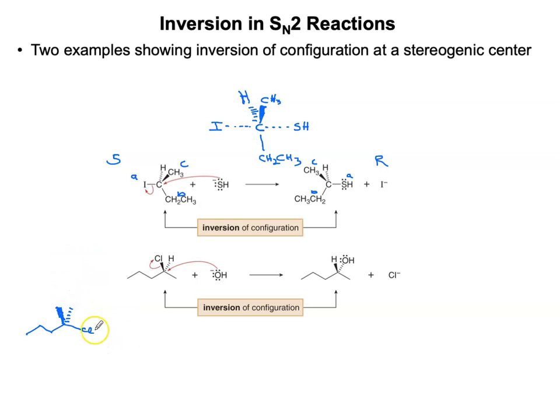And so if we think about the transition state here and the OH coming in to attack in that backside trajectory, let's go ahead and draw a transition state here. I'll go ahead and put the brackets with the transition state symbol.